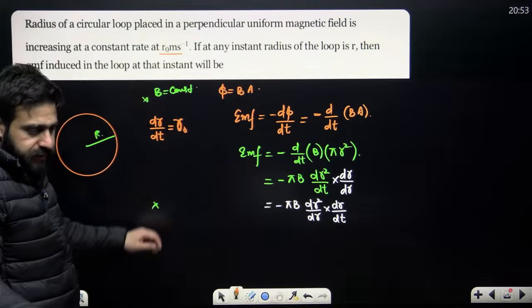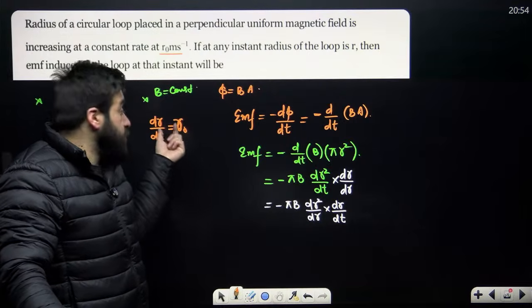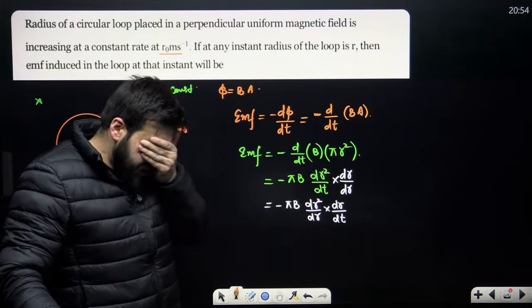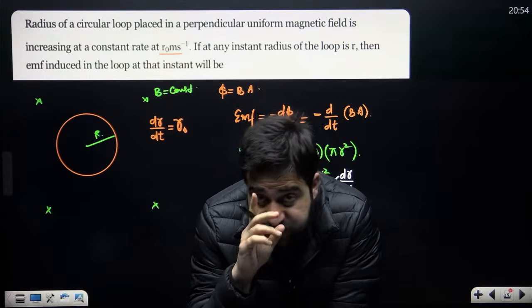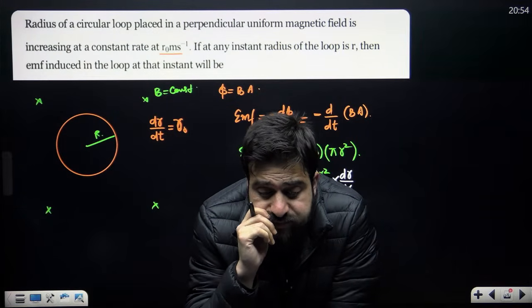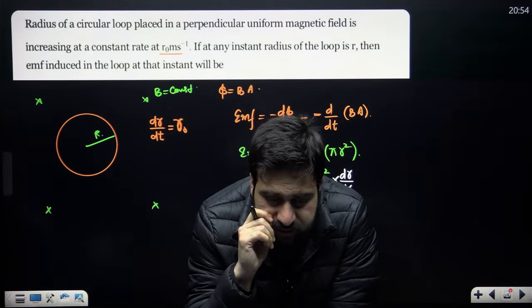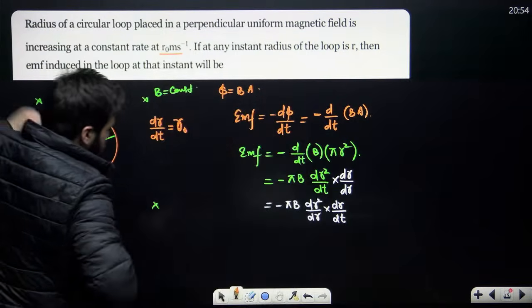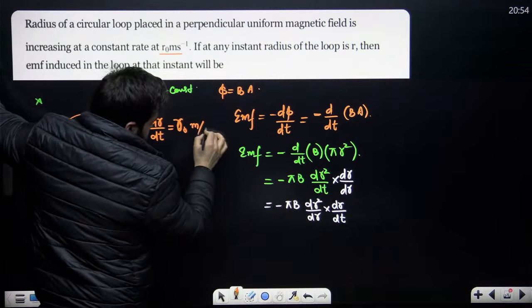What does it mean? Every second, the radius changes by R0. If dr by dt is 1 meter per second, then every second 1 meter of radius changes. So in the first second it will be 1, in the second second it will be 2, in the third second it will be 3. So dr by dt is basically R0 meter per second.